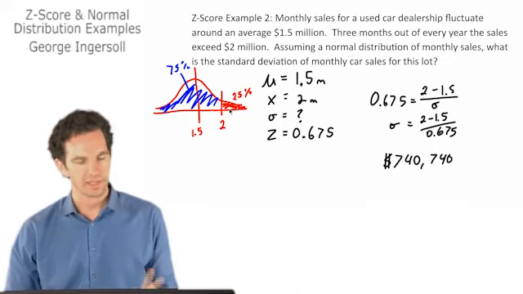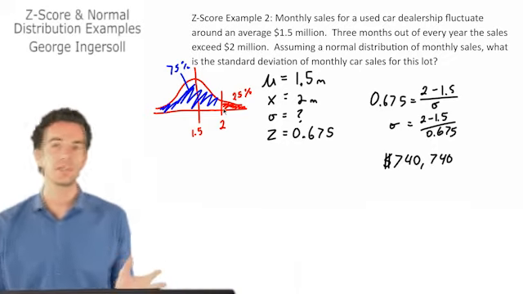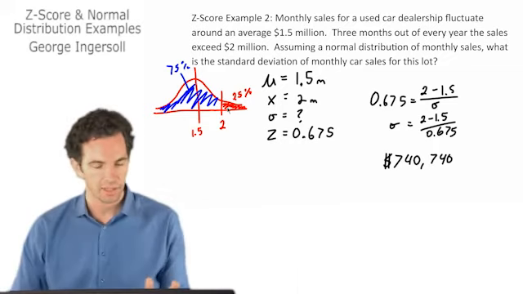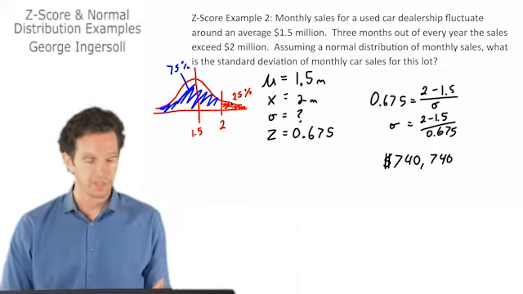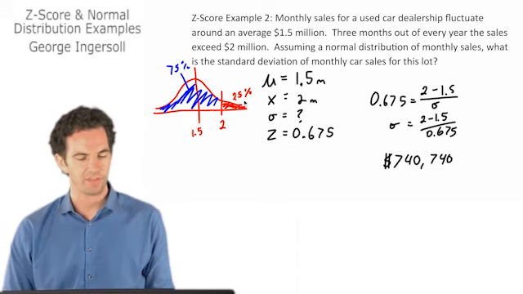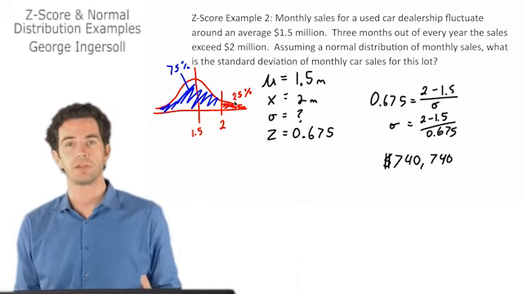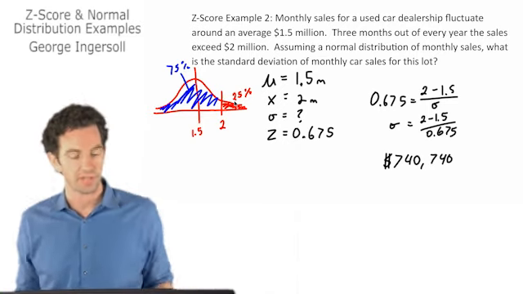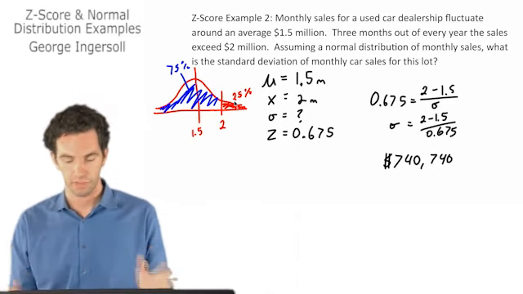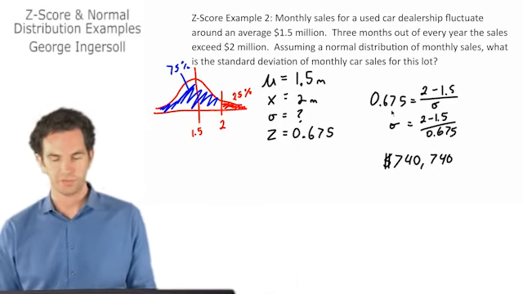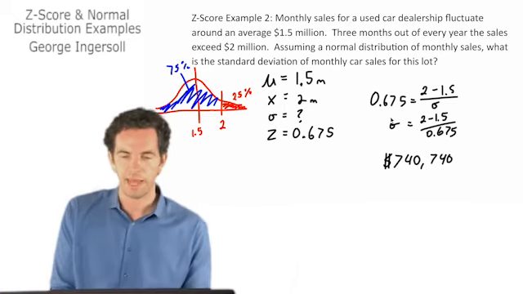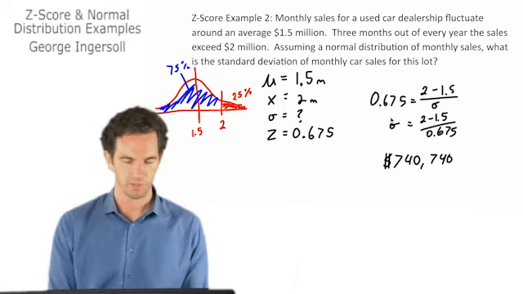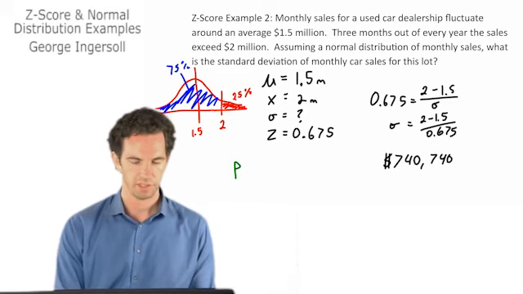That seems to make sense. That says 2 million is less than one standard deviation away from the mean, but it is certainly over the mean. Therefore, 25% of the months we're going to have sales over 2 million. All right, so we're just solving for different unknowns. We're always coming back to this same equation, which is P and Z.